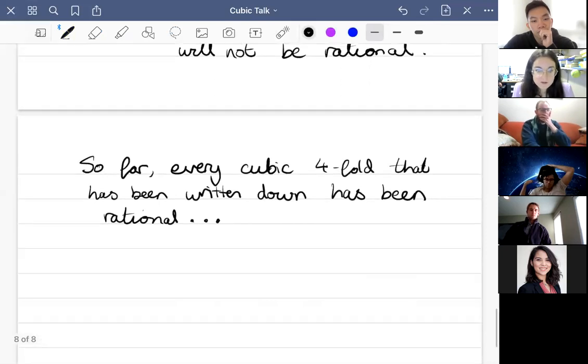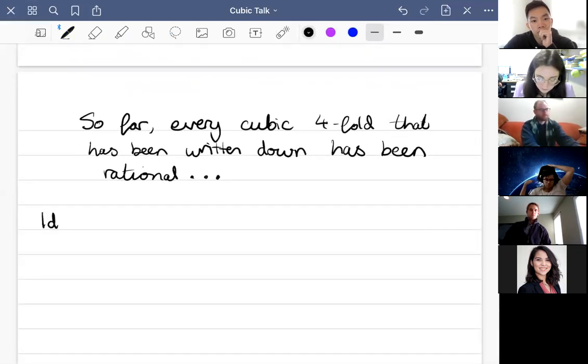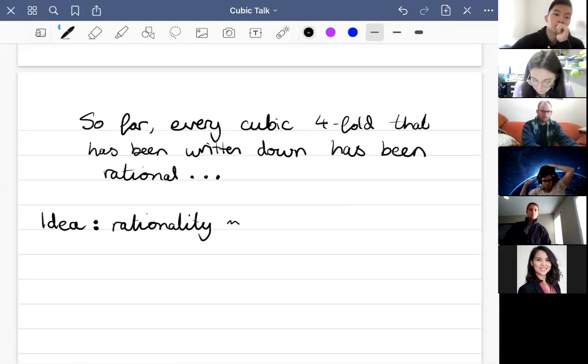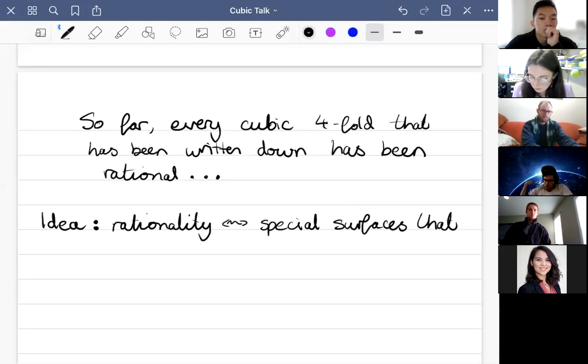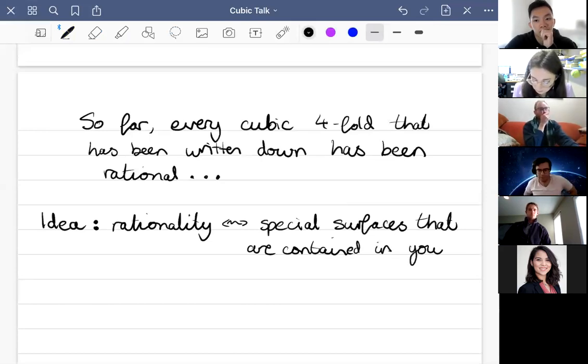So what's the idea? The idea is that rationality is governed by, or depends on, special surfaces that are contained in your fourfold.